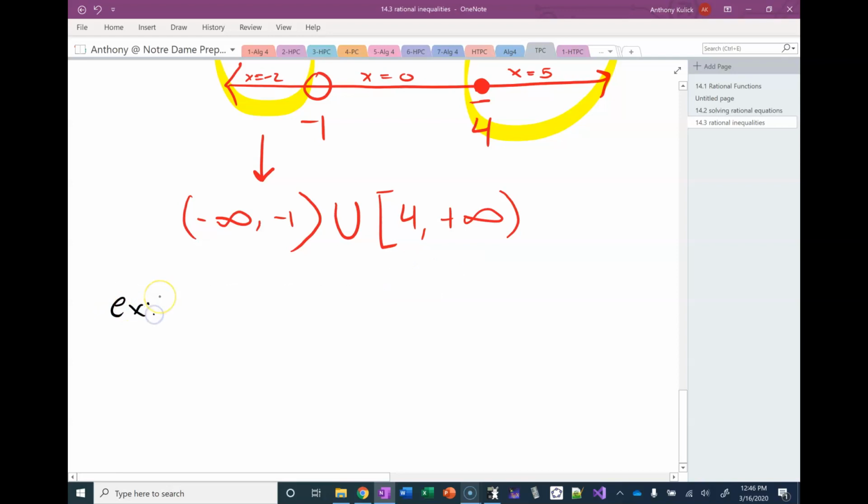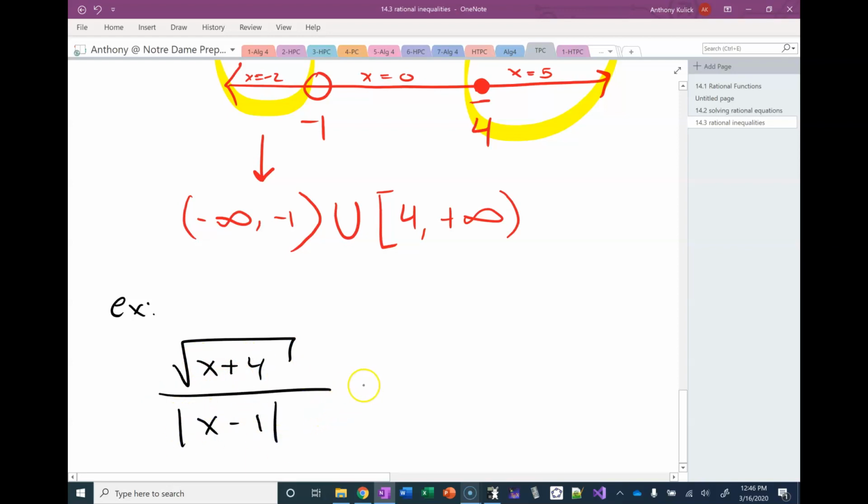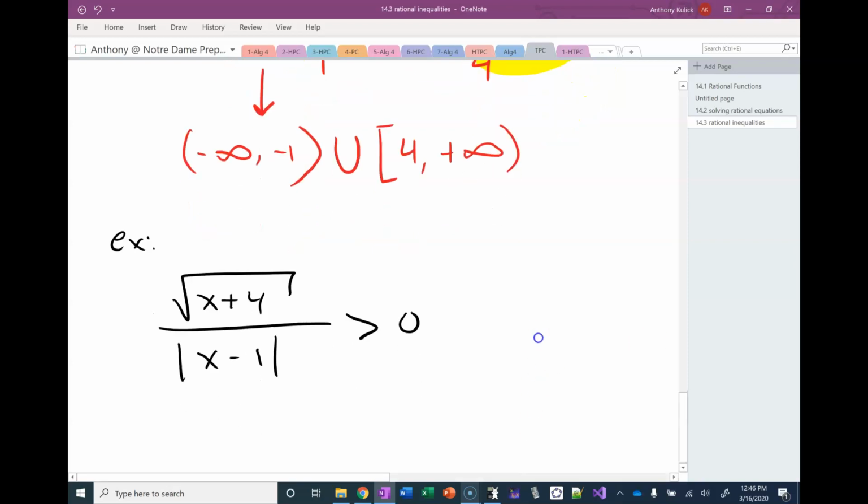Our last example is the most complicated. Okay, so let's think here.